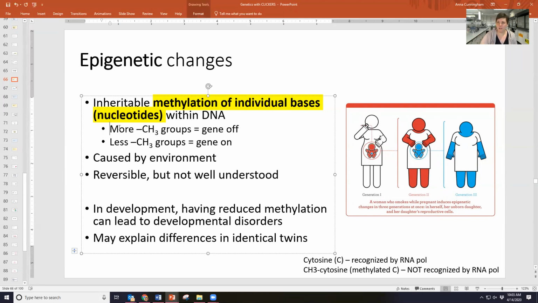So what this means is that if you have more methyl groups on the nucleotides in a strand of DNA, RNA polymerase isn't going to be able to read that into mRNA. We can look at a strand of RNA or DNA, and if it has a lot of methyl groups present, that means RNA polymerase is not going to be able to read it, so that gene is off.